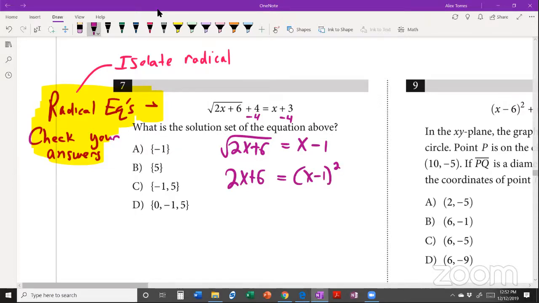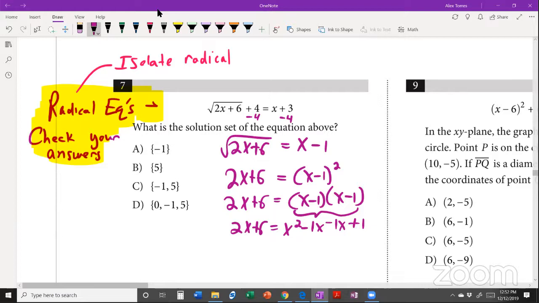(x minus 1) squared is really (x minus 1) times (x minus 1). Now you can FOIL this part. So first times first, outer times outer, inner times inner, last times last. -1 times -1 is +1.